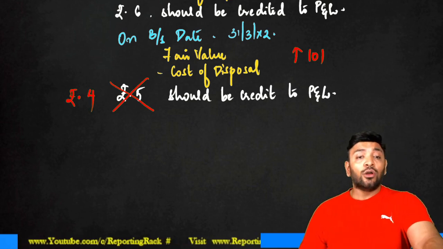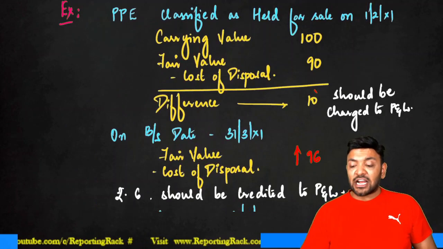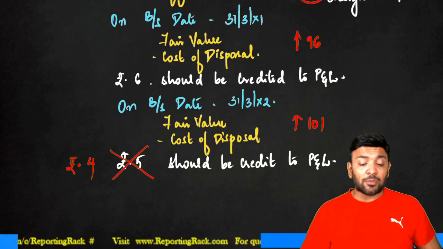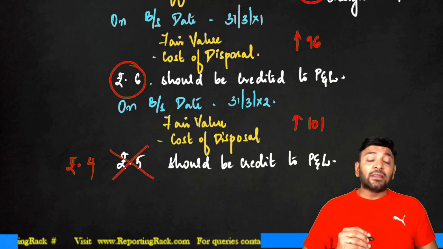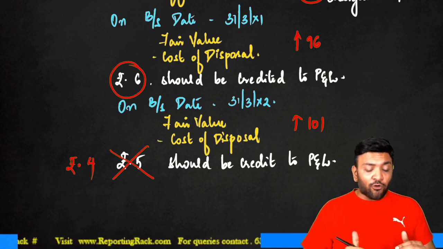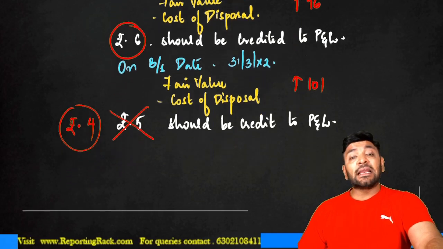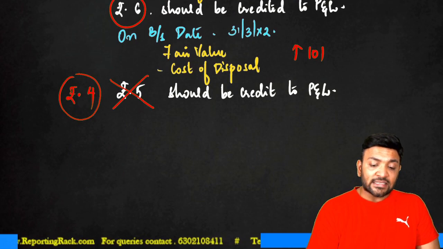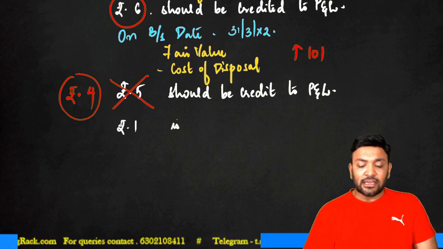Why is that so? Because at the first time on classification, you charged to P&L 10 rupees. Subsequently, how much did I credit to P&L? 6 rupees. So therefore, the net debit to P&L was only 4, which can be credited to P&L now. But the increase in the value of the asset was actually 5 rupees. So that's why I say that 1 rupee of increase is ignored.